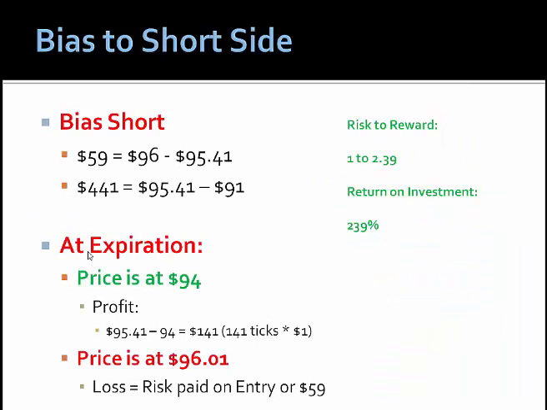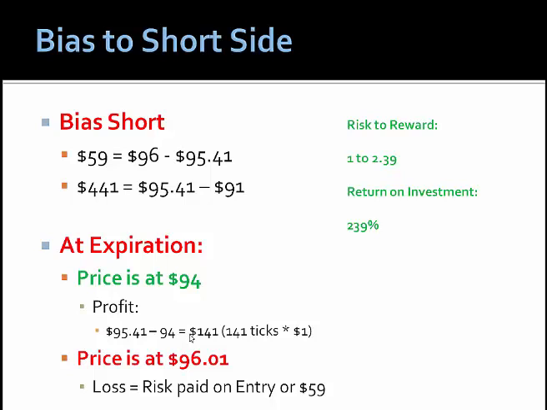Now, at expiration, price is at $94, so it did move in your favor. So you subtract 94 from $95.41, which is our entry price, that's 141 ticks. At $1 per tick, that comes out to $141.